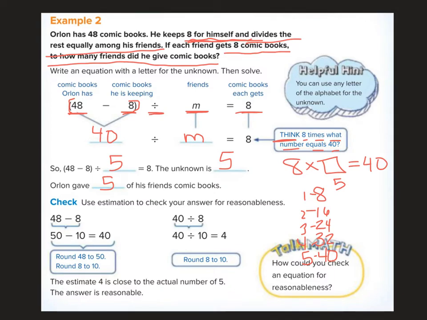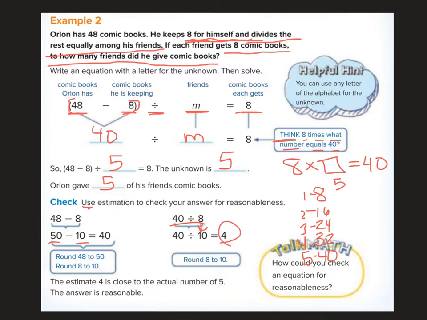Use estimation to check your answer for reasonableness. So 48 minus 8. I could say 48 is almost 50, and 8 is almost 10. So if I do 50 minus 10, I'd get 40. And then if I took that 40 and divided by 10, I'd get 4.